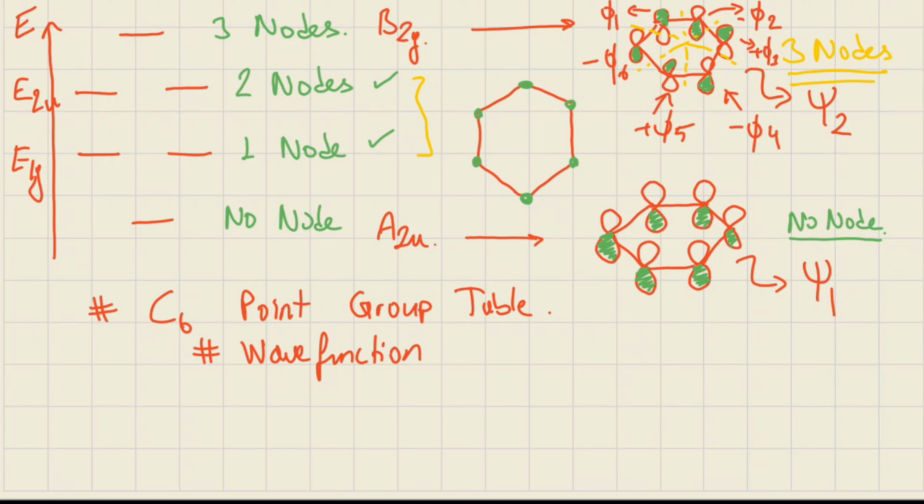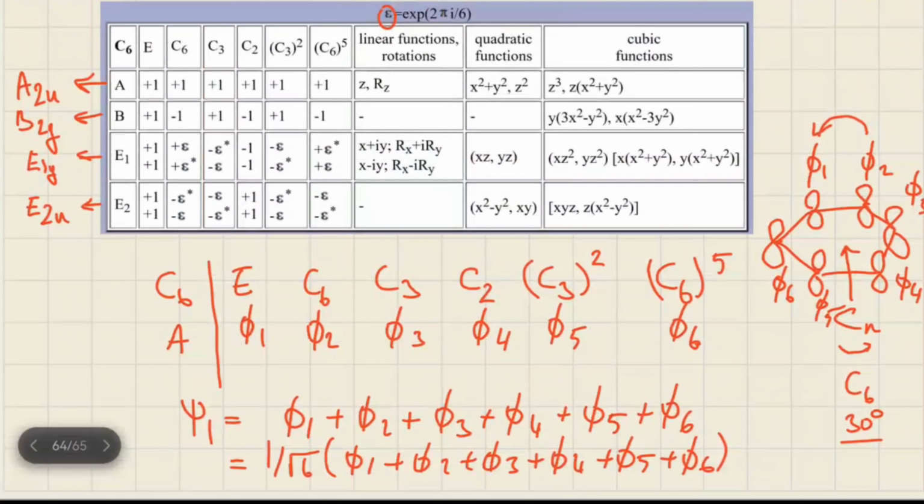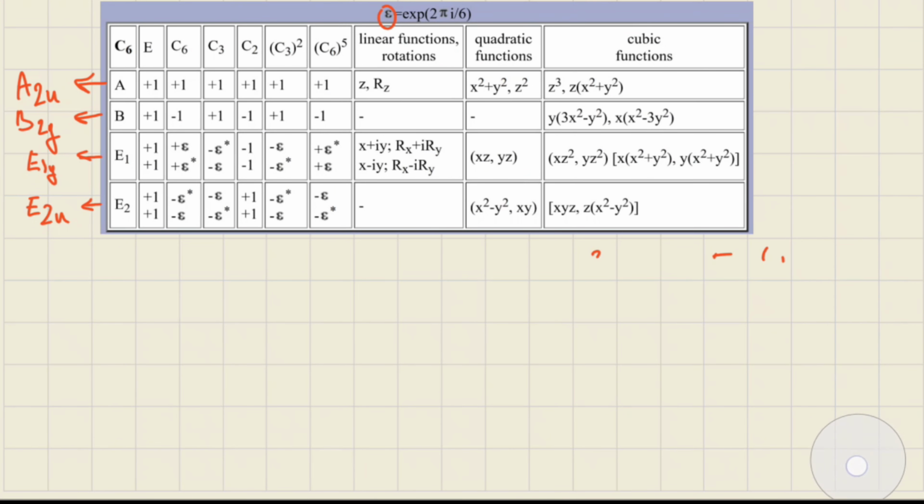But again, I still didn't solve this part. And how can we do that? So firstly, we know the R. I will clean this part. So we know the E1 and E2. And in E1G, I will have these phi's here. Right.